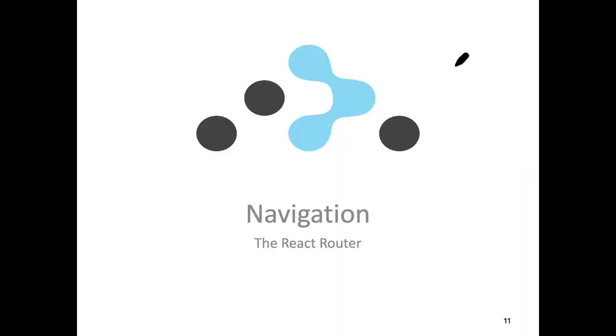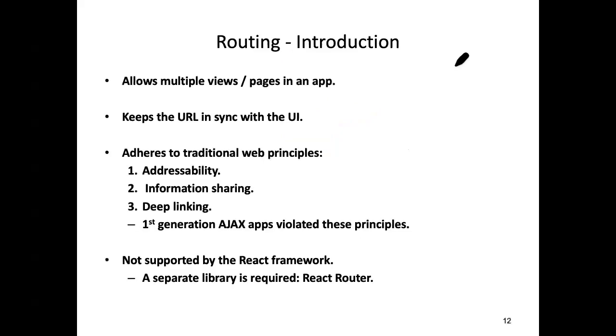So now I want to talk about another aspect of web apps, which is navigation or routing. How do we do it in a React app? By routing, we mean we'd like our web app to have multiple views or pages. And as the user navigates from page to page, we'd like the URL in the browser to change accordingly.